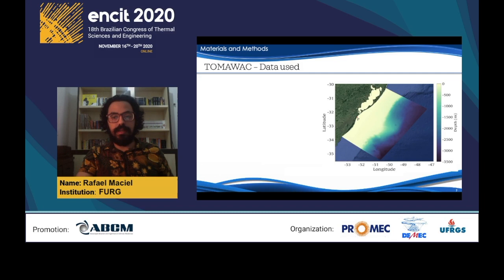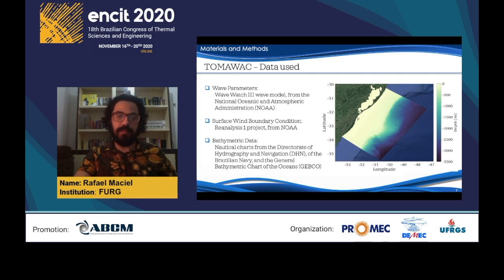So to simulate the sea state with Tomawac, we used three types of boundary conditions. The first one was responsible for the wave parameters. We used then the WaveWatch III wave model from the National Oceanic and Atmospheric Administration, NOAA. For the surface wind boundary condition, we used historical data from the Reanalysis 1 project, also from NOAA.